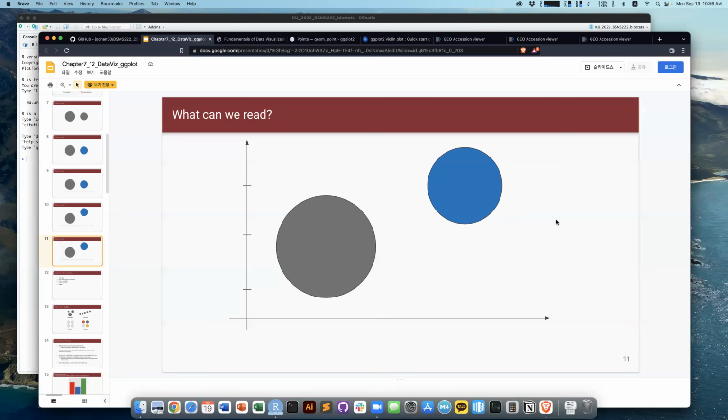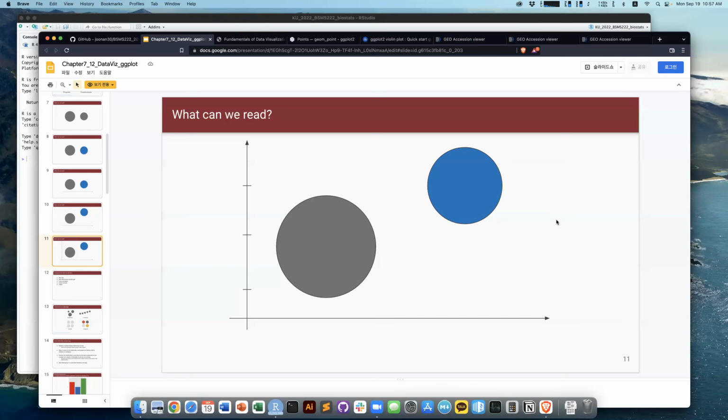So the point in this example is that when you draw the plot, you deliver so many different components you extract from your raw data set, right? So you're not going to just do the plotting by typing here and here and making a plot. No, you have to think about the components.